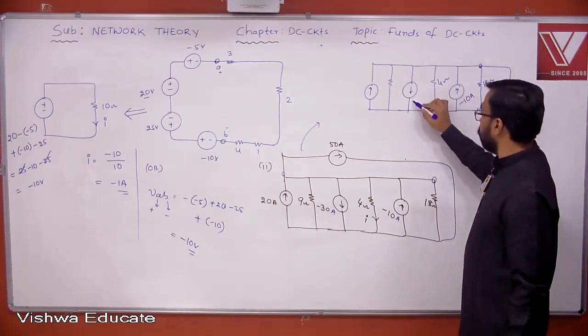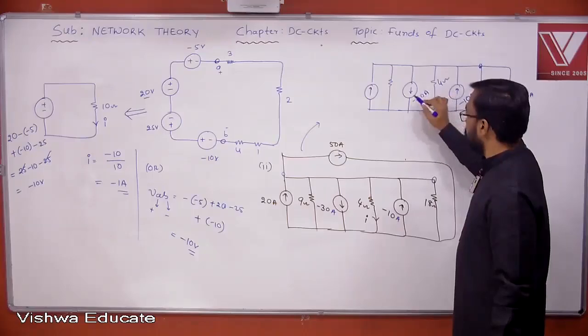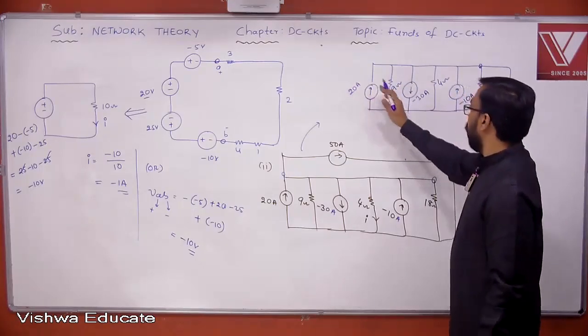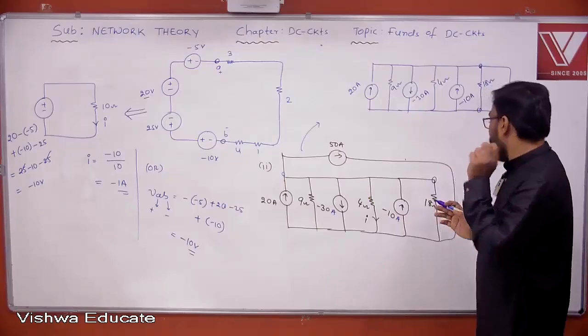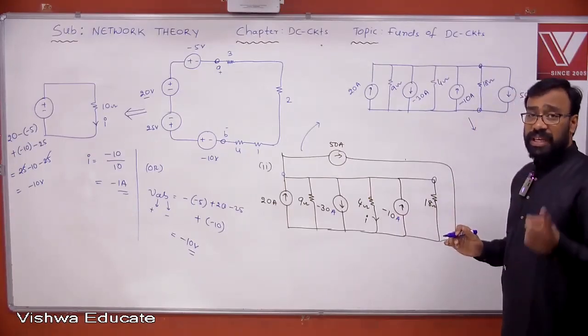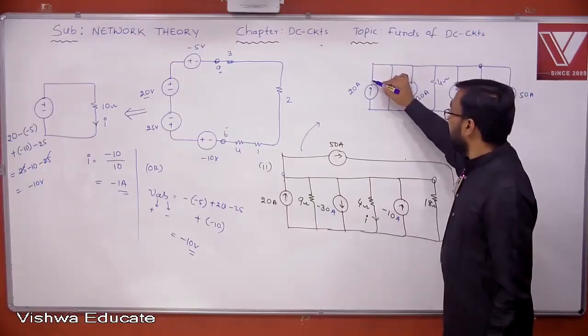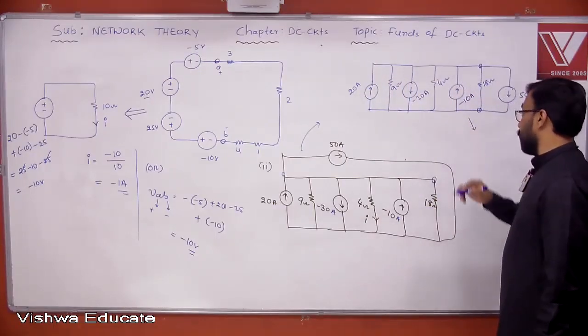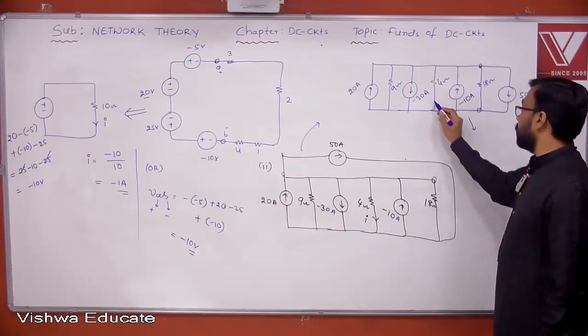What about this minus 30 amperes? 9 ohm and 20 amperes. Now, when all current sources are connected in parallel, you can replace all current sources by a single equivalent current source or not. So assume that 20 is dominating here.